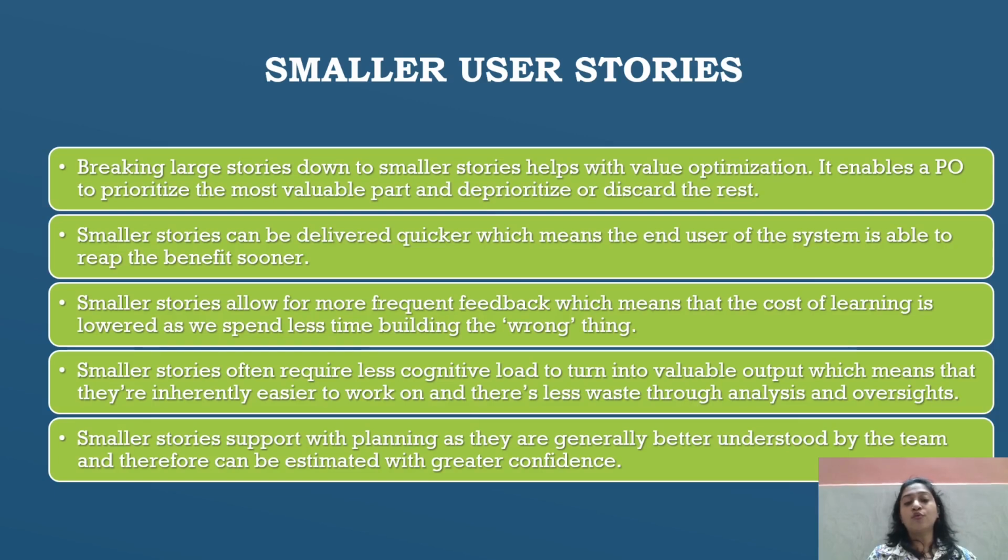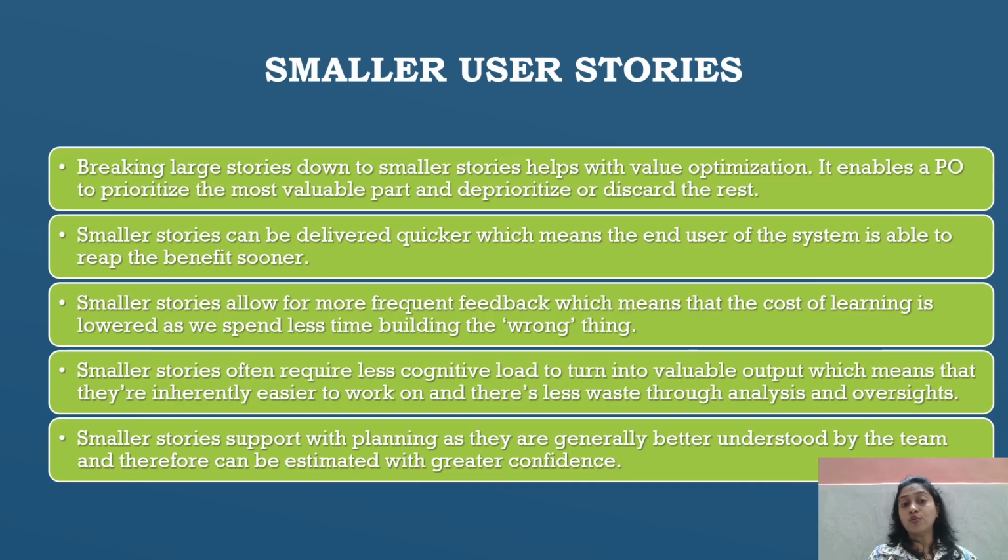Smaller stories allow for more frequent feedback, which means that the cost of learning is lower as we spend less time building the wrong things. Correct? We are getting the feedback early. Smaller stories often require less lead time to turn into valuable output, which means that they are inherently easier to work on and there is less waste, correct, through analysis and oversights.